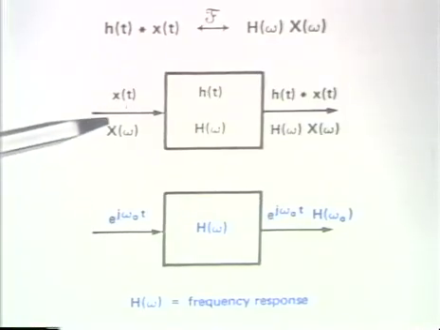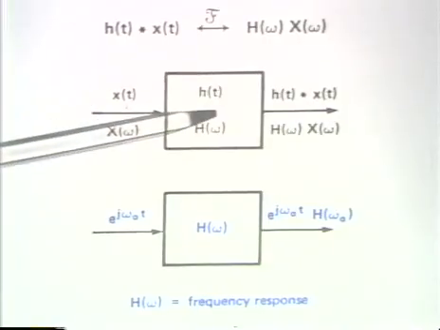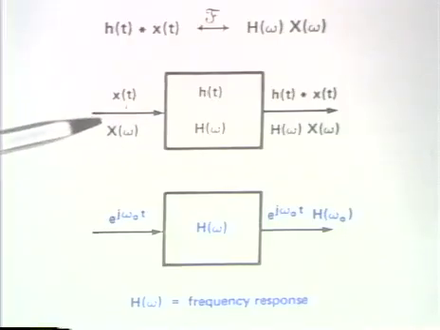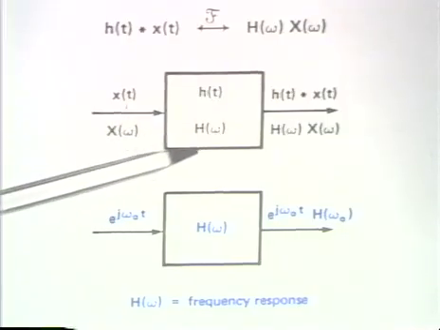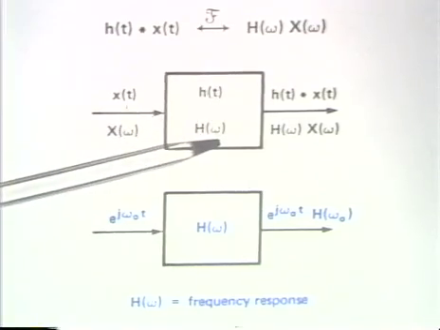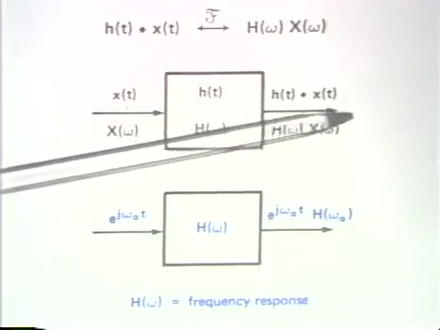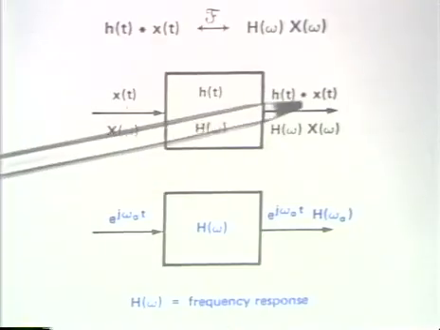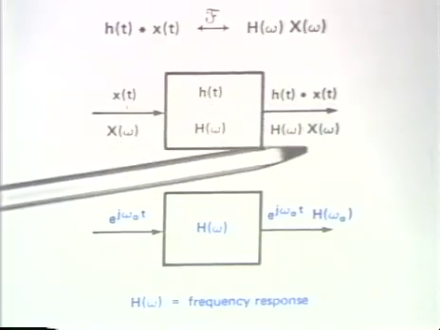Well, as this signal goes through this linear time invariant system, what happens to each of those exponentials is that each one gets multiplied by the frequency response at the associated frequency. What comes out is the amplitude of the complex exponentials that are used to build the output.